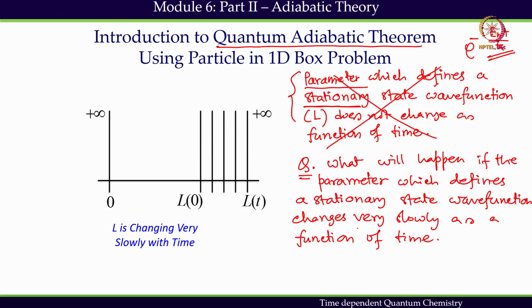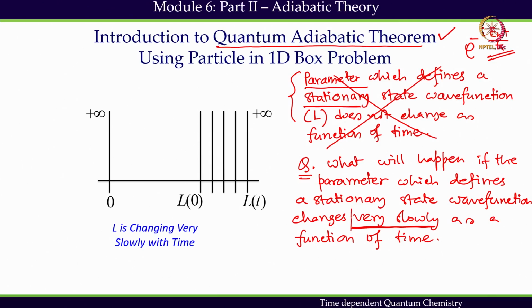So one approximation is that the change has to be very slow. The parameter which is changing has to be very, very slow. Then we will be able to explore this quantum adiabatic theorem. If it is fast, then we cannot explore it. But if it is slow, then it is good. So the quantum adiabatic theorem is actually based on an approximation called the adiabatic approximation.